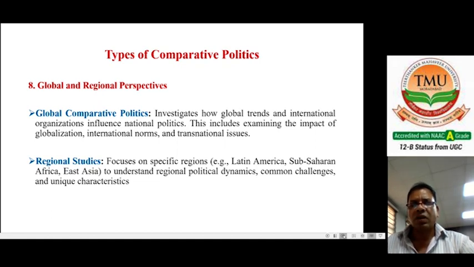That means in addition to the global perspectives, we have regional studies like SAARC, the South Asian Association for Regional Cooperation, ASEAN, the Association of Southeast Asian Nations, the African Union, SAFTA, and the European Union. These area studies also focus on common issues, and these issues are also covered under comparative governments and politics.